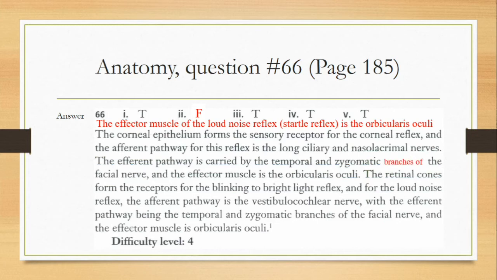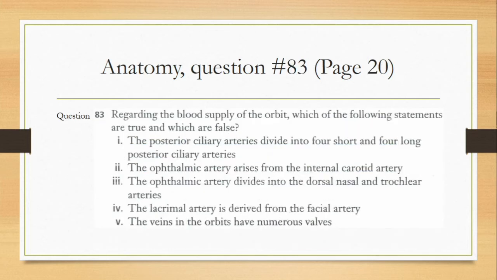And I think this phrase is also wrong. It says that the efferent pathway is carried by the temporal and zygomatic nerves of the facial nerve instead of saying branches. So branches would be more accurate, I think.